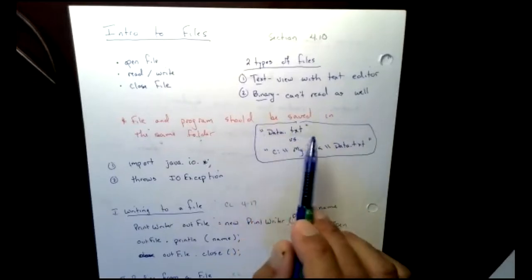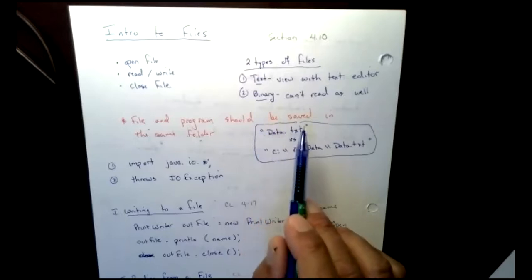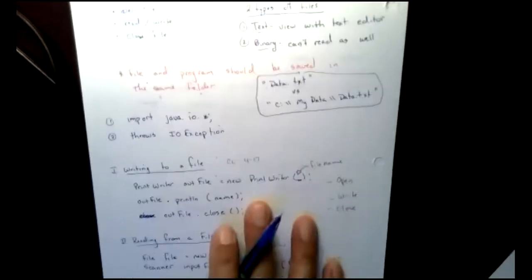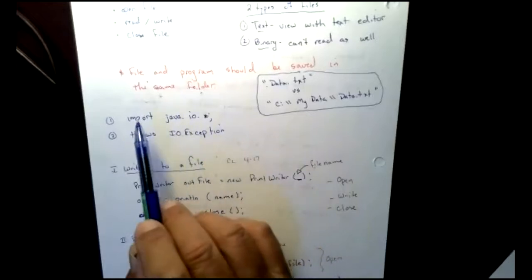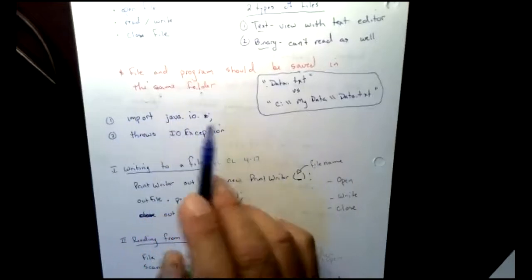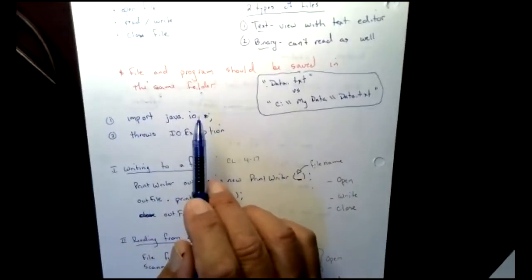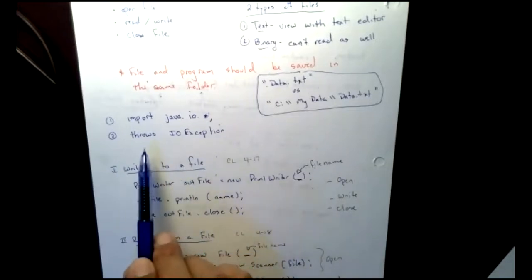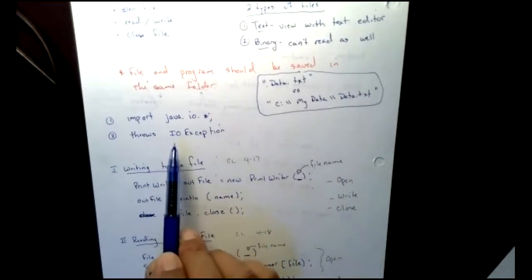So if it's in the same folder, we just use the name of the file. If it's not, you're going to have to include the path. All right. As always, yes, I need to import Java IO. And another important thing is you're going to see this throws IO exception.